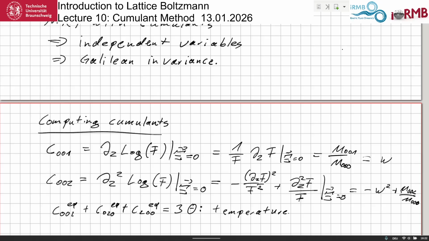So there is something that directly gives you the temperature. You see, you don't get the momentum and you don't get energy. What you get is velocity and you get temperature.